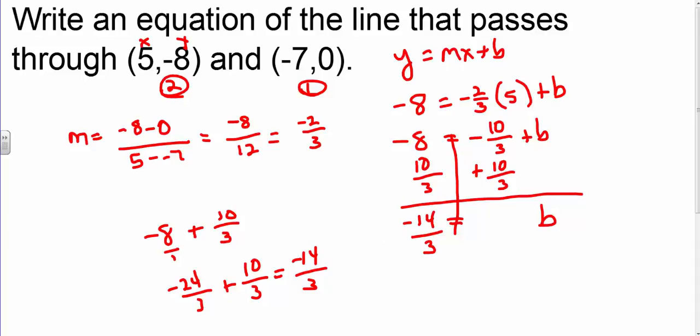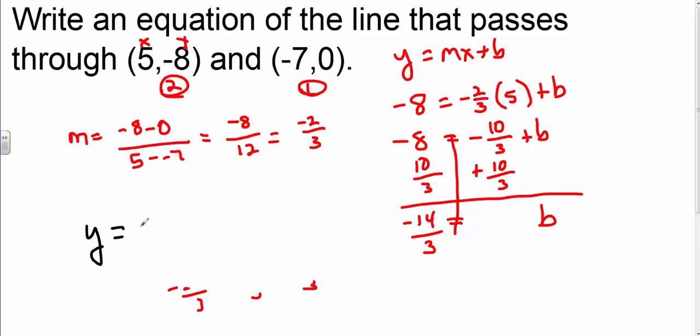We're running out of space here. Let me erase something here. So get rid of this. Change the color of our marker. We have y is equal to -2/3 x minus 14 over 3. And it would really be better probably to write this as a mixed number.